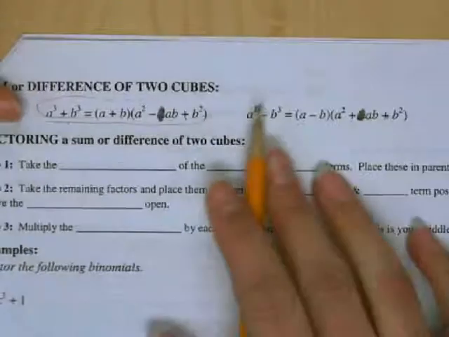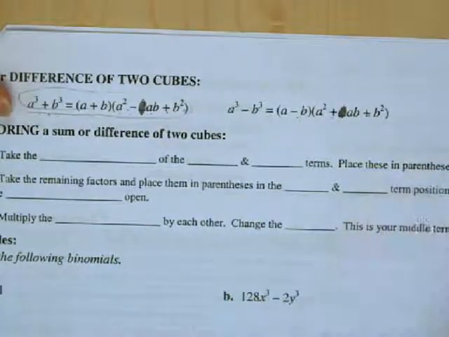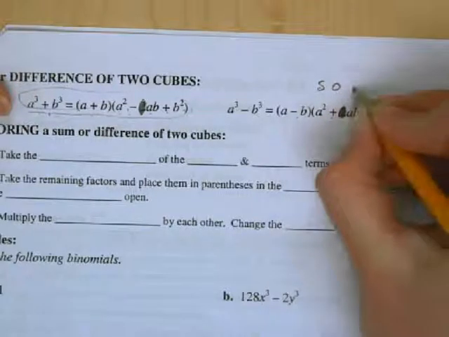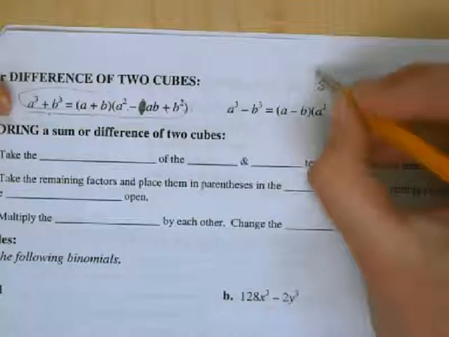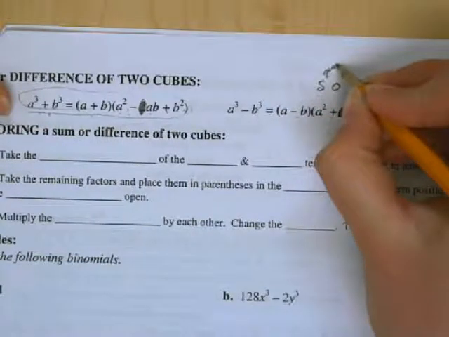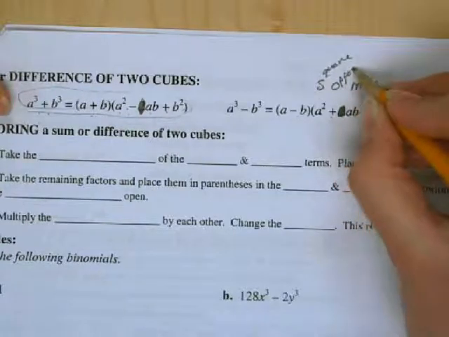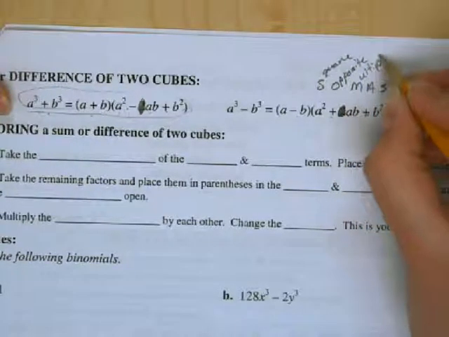Now, the way that I memorized it, which may help you, it may not, is something called SOMAS. S-O-M-A-S. SOMAS means you square the first term. Okay, you use the opposite sign. You multiply the two terms together.